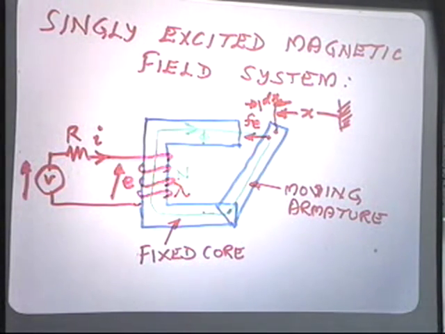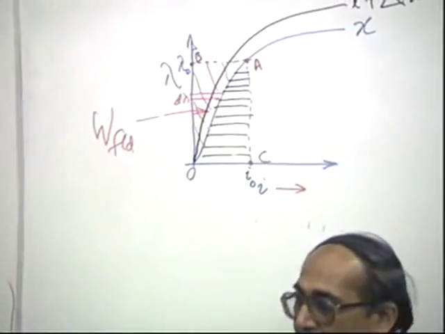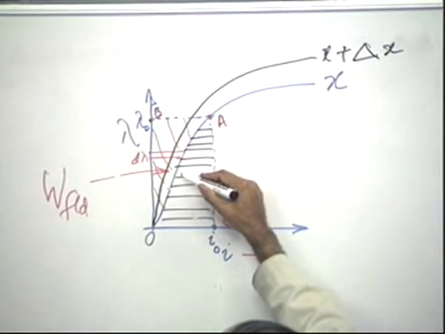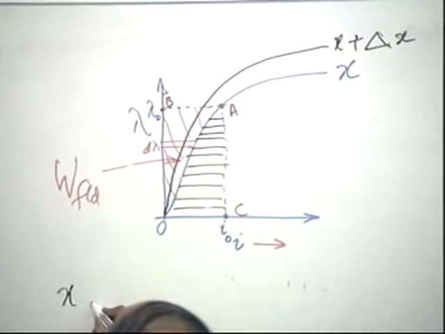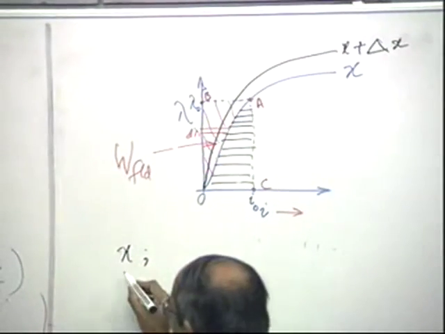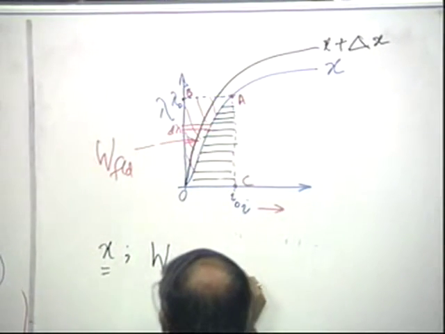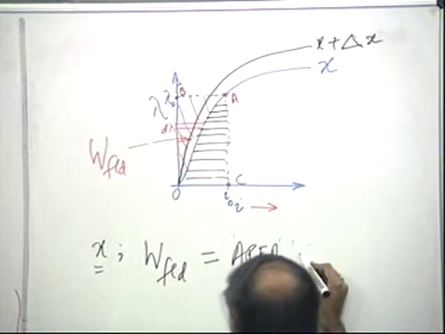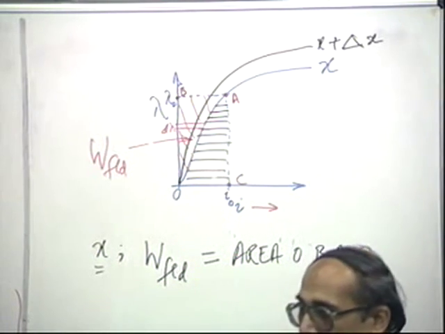Now, if you see this condition, let us say it was at a certain value I naught. At x, the stored W field was equal to area O B A O. This is at x.